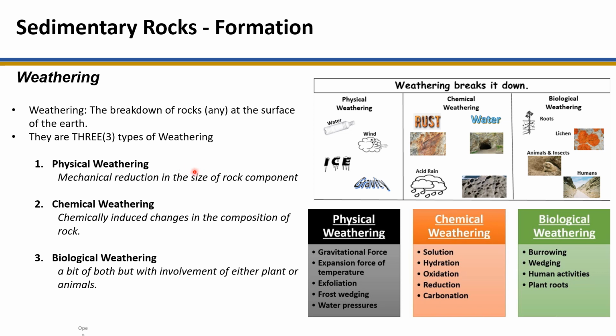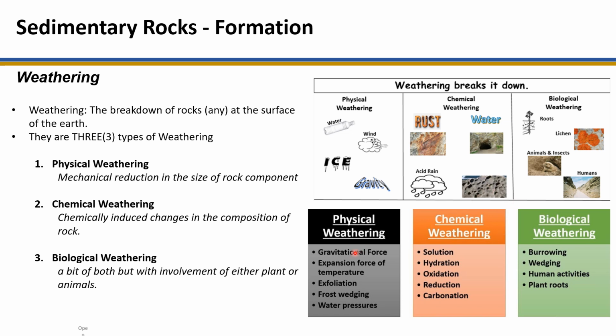And then we also have chemical weathering. This process is breaking down by chemical reaction. For example, acid in the atmosphere, like acid rain, can react with rocks and dissolve them. Finally, we also have biological weathering. This is the process of breaking down rock by living organisms. For example, plant roots can cause rocks to break down by expanding as they grow.